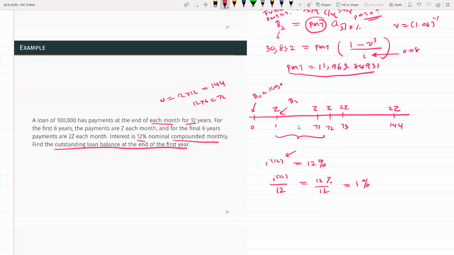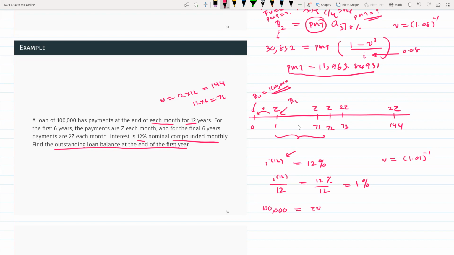B0 is 100,000. Basically, the present value of all of these cash flows needs to be equal to 100,000 at time 0. So 100,000 equals Z times V, where V is actually 1.01 to the power negative 1.